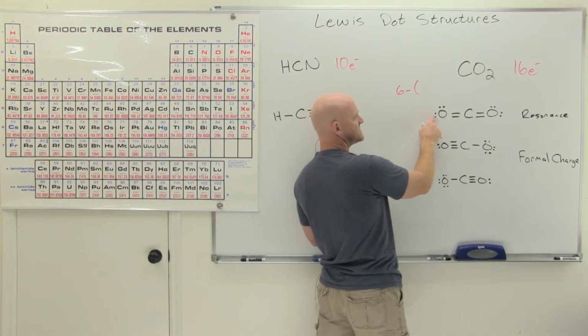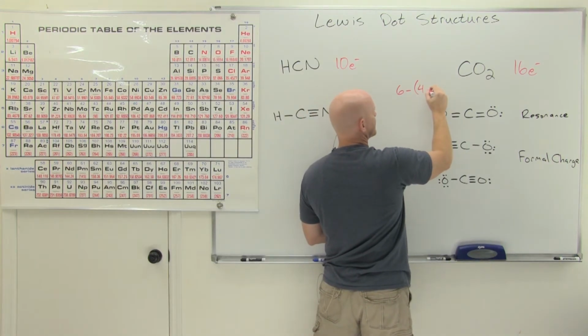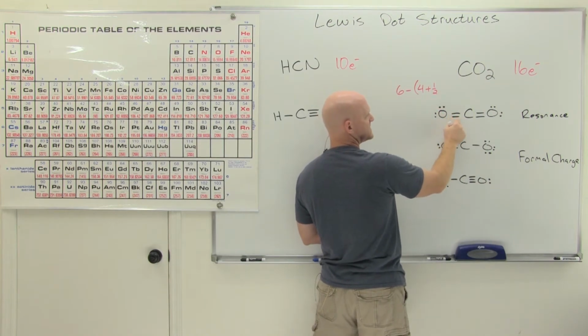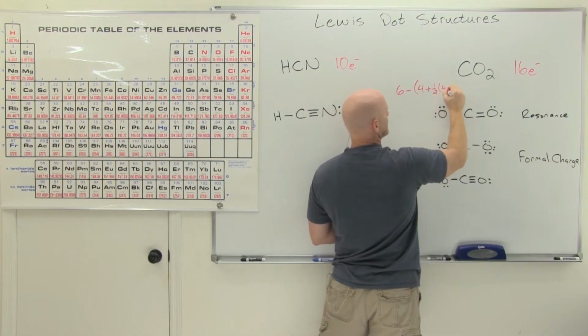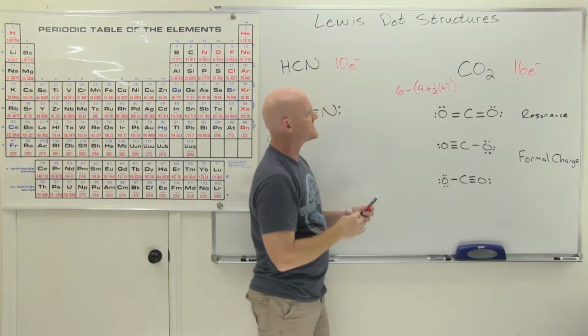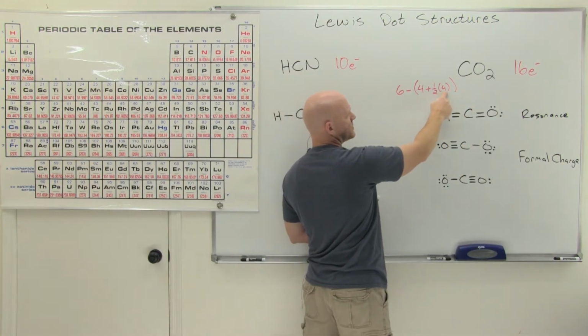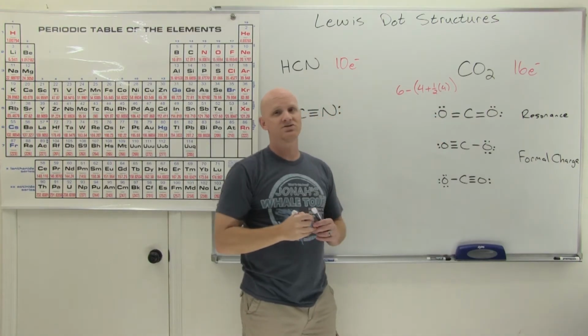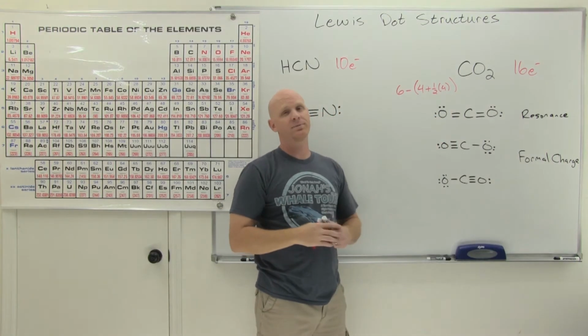In this case, this oxygen has 1, 2, 3, 4 non-bonding electrons plus half of the bonding electrons. Well, the oxygen has 1, 2, 3, 4 bonding electrons as well. So 4 plus half of 4, which is 4 plus 2, is 6, and 6 minus 6 would give us a value of 0. That's how the formula works.